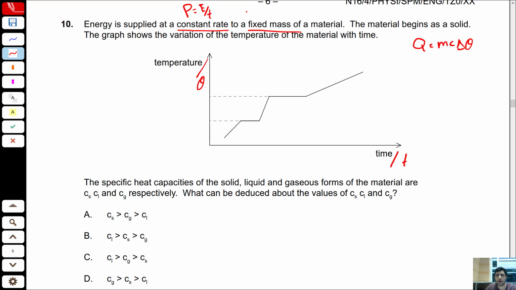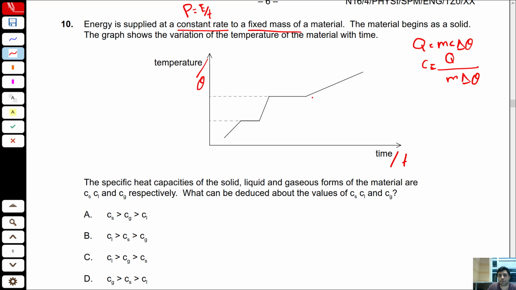If you go back, in our case, we're not choosing delta T because we will get confused with this small t, which is the time. So we will just call delta T as delta theta. Since we have to find small c, because everything is in terms of c, just make c the subject. So c equals Q over m delta theta.